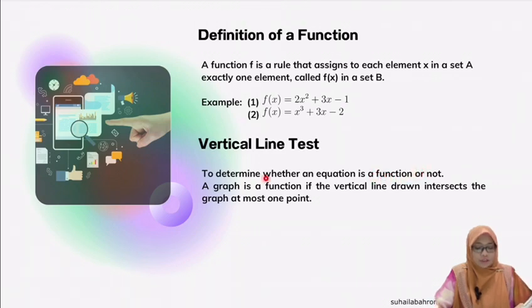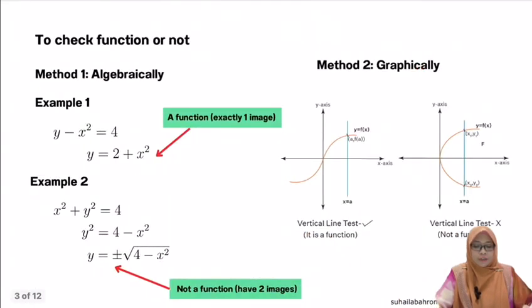A graph is a function if the vertical line drawn intersects the graph at most at one point. Let's look at this example. Basically we have two methods to check whether an equation is a function or not: the first is the algebraic method and the second is the graphical method. This is what we call the vertical line test.